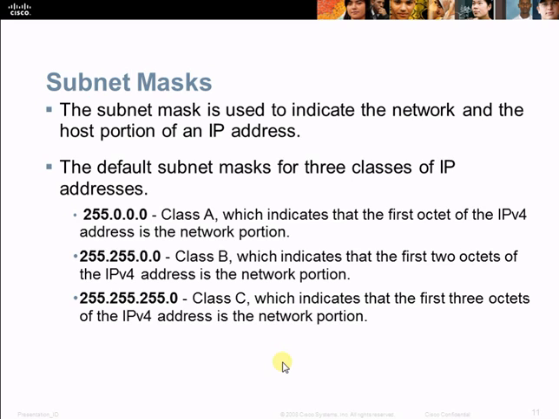So we'll see in the first one there, 255.0.0.0 is class A, and then 255.255.0.0 is class B, and then 255.255.255.0 is class C. And each one of those sections is an octet. So we have actually 4 octets there.